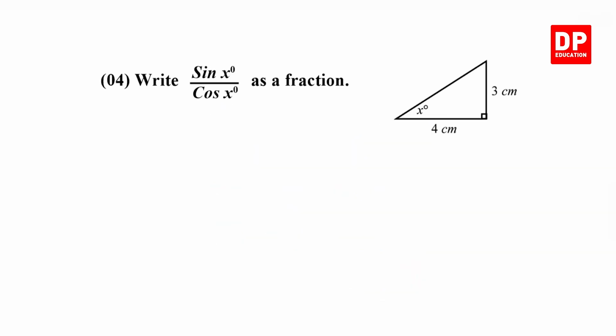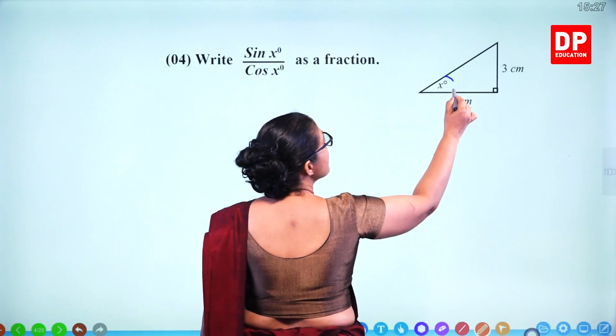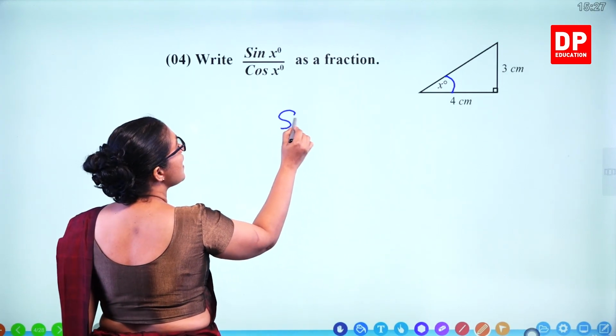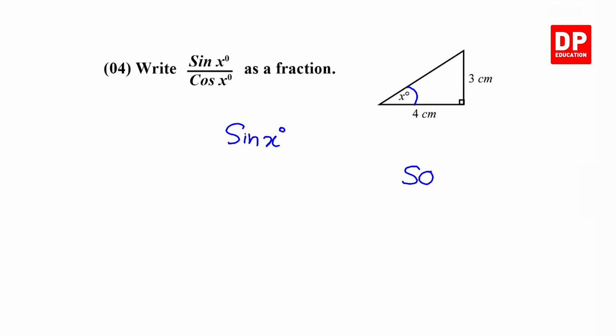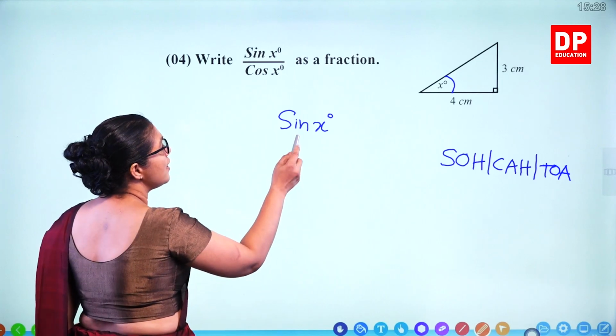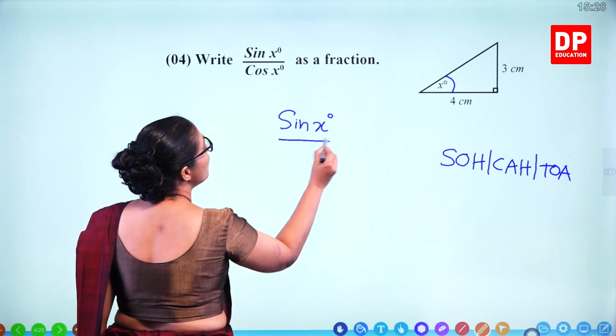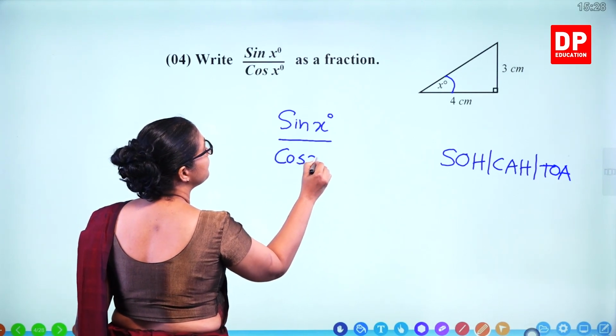Question number 4. Write sin x over cos x as a fraction. So x is here. What's sin x? Can you remember SOHCAHTOA? Trigonometric ratios. So here sin x over cos x you need.